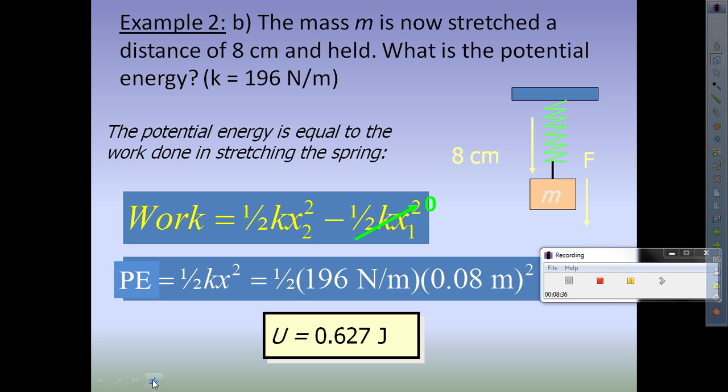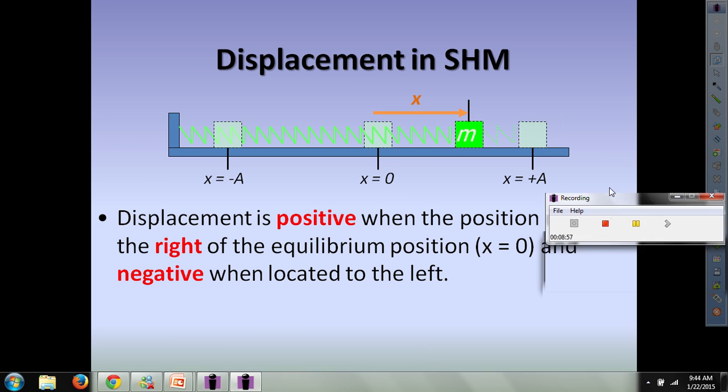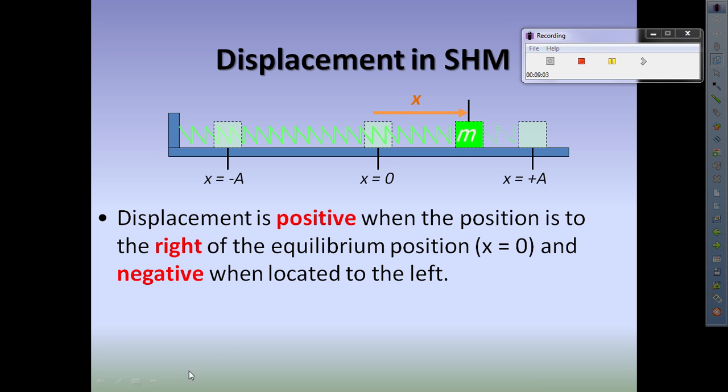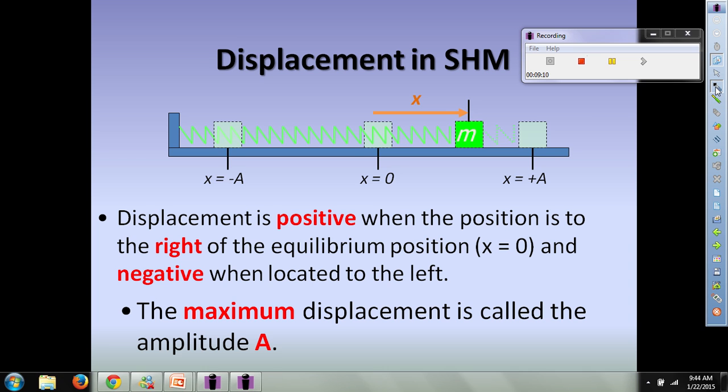All right, displacement in simple harmonic motion. We're going to call our displacement positive when the position is to the right of the equilibrium, which is right here. And we're going to call it negative when it's located to the left. The maximum displacement is called the amplitude. Remember, we just talked about that in the other picture.